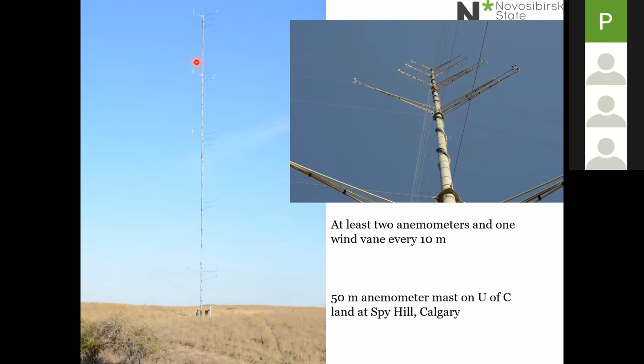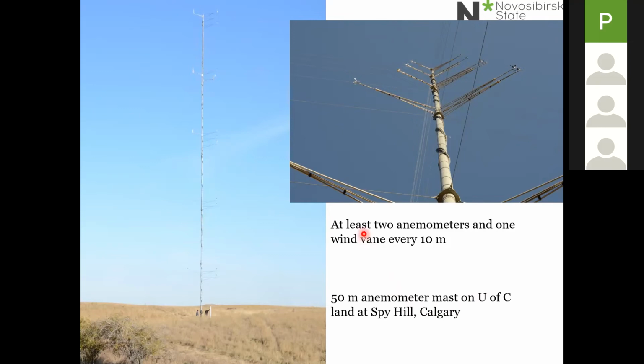And that is normally done with an anemometer mast. And here's an anemometer mast. It's actually in North Calgary. It's owned by a local wind resource company, and that company has given us access to the data from that mast. And we've done quite a bit of analysis of that data.